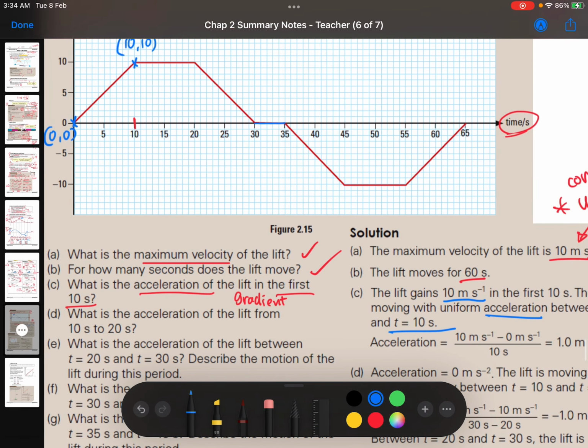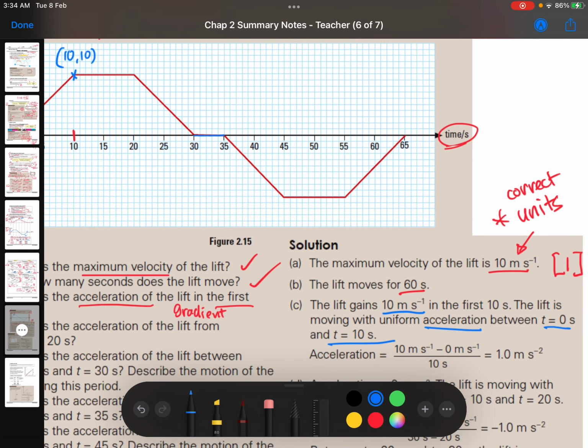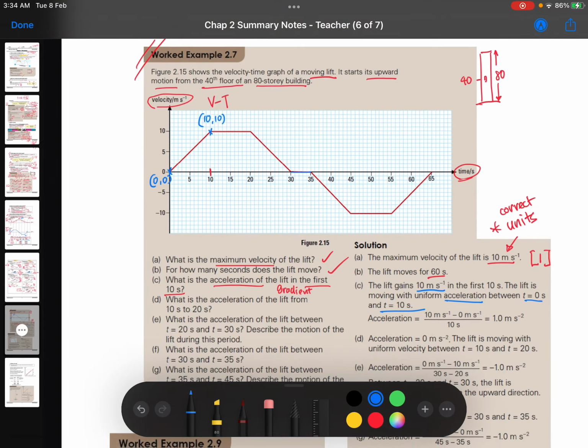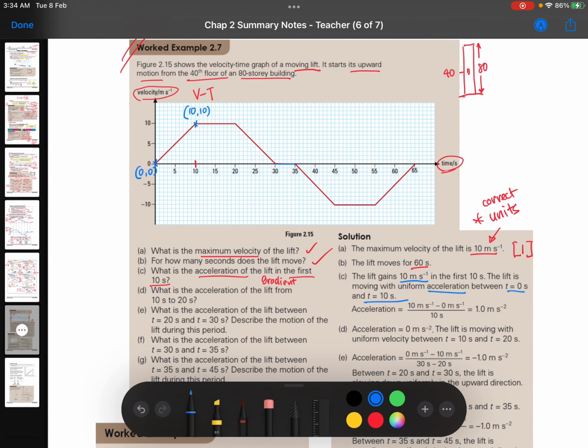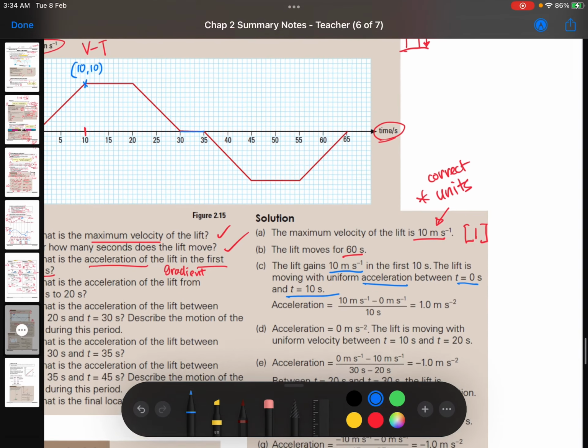Okay, so in this case, to determine acceleration, although I asked you to find the gradient, actually you can find the rise over run, right?